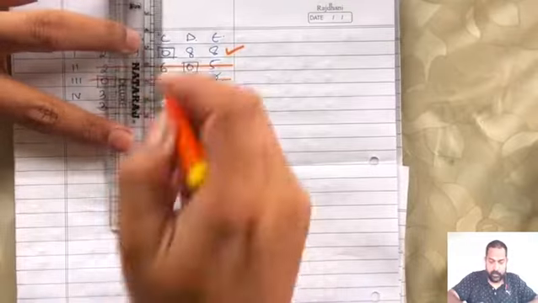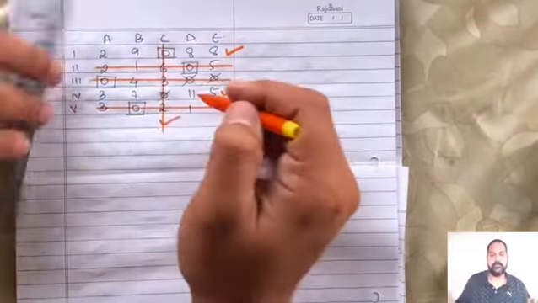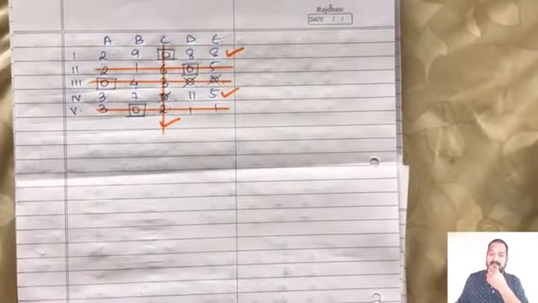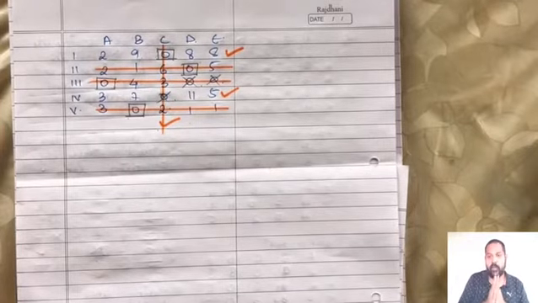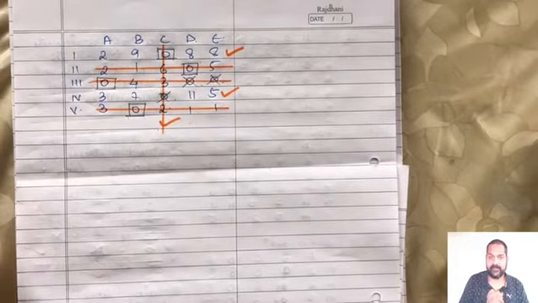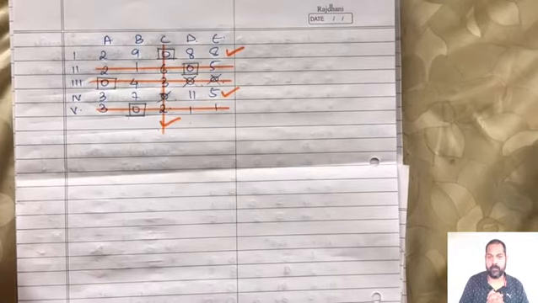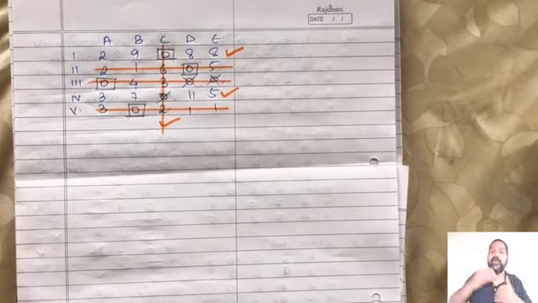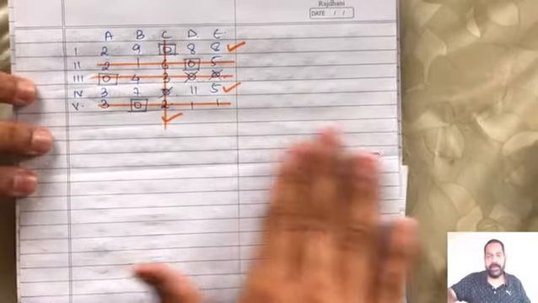Fantastic. Draw a line there. You are done. You have drawn the required number of lines. I understand that this must be feeling a little cumbersome. But once you get into the flow of it, it is not very difficult.